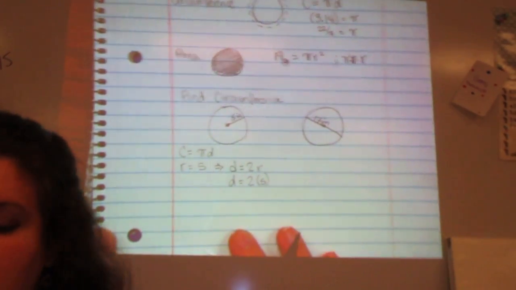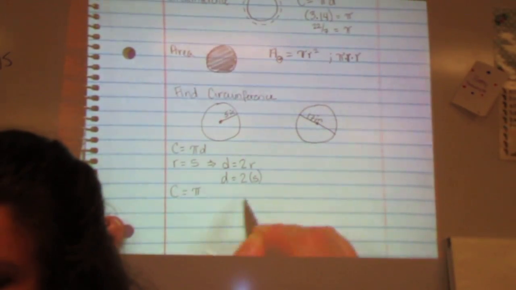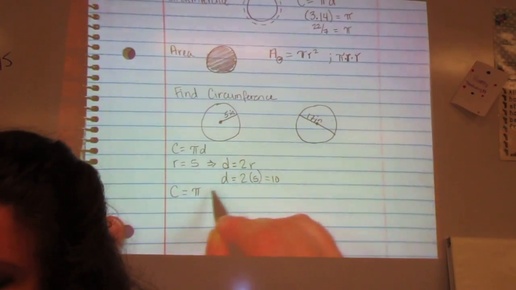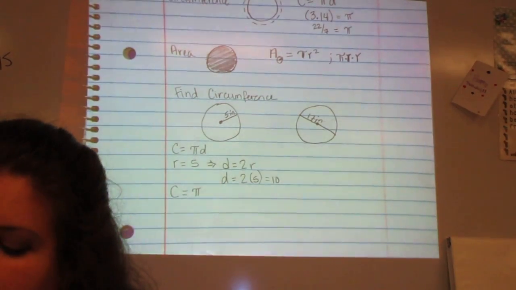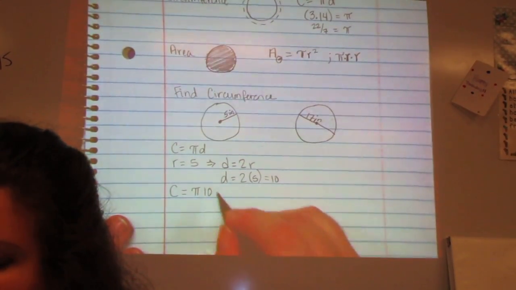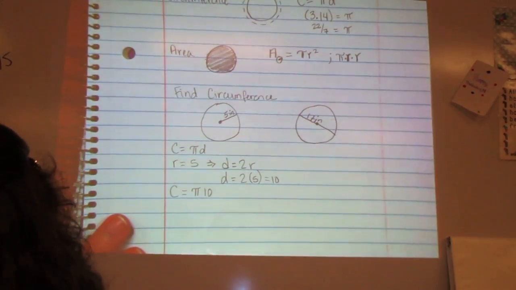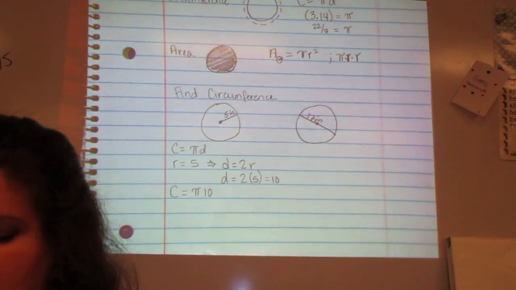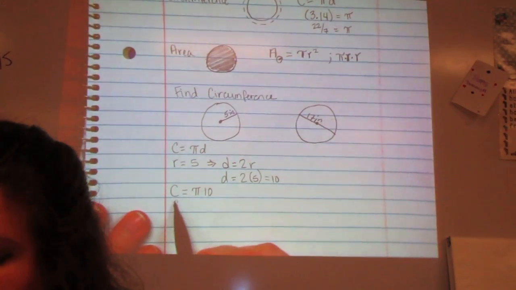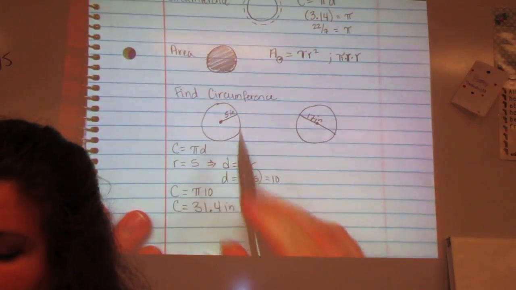And now I can put that into my formula, where I'm going to have pi times 10. And if I multiply that out, I'm going to have 3.14 times 10, which of course is 31.4, and we are dealing in inches.